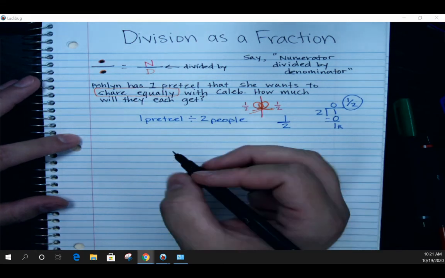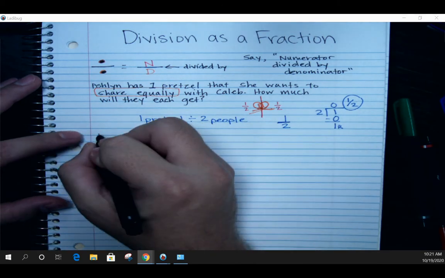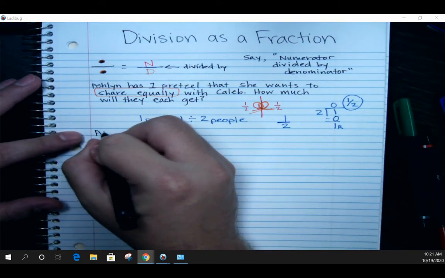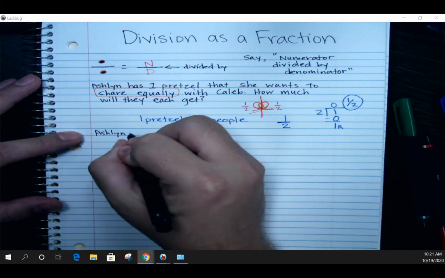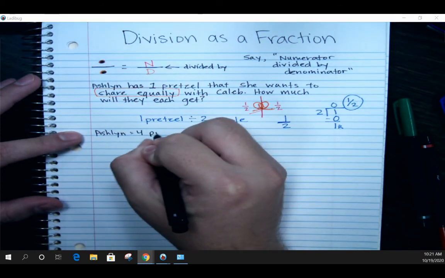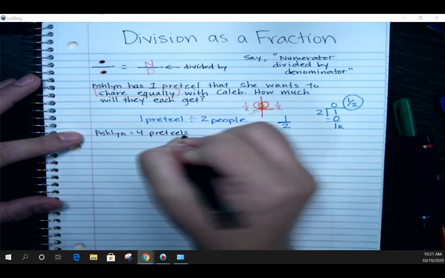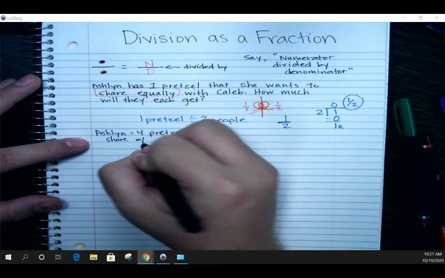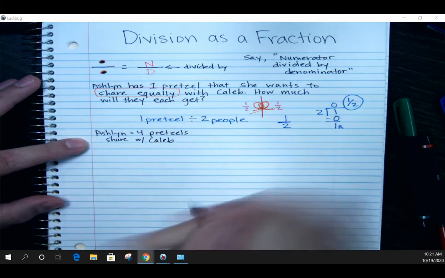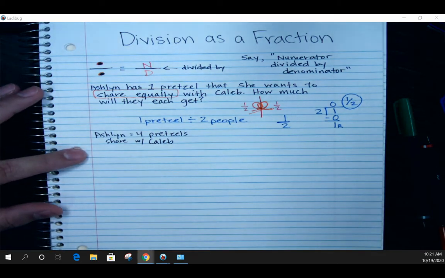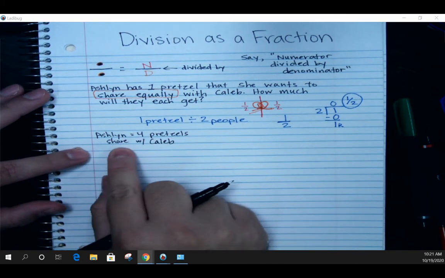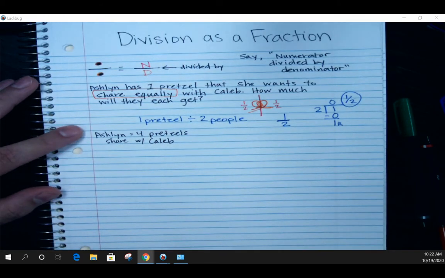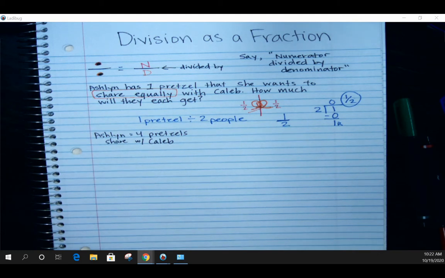So what if Ashlyn had 4 pretzels and she wanted to share with Caleb? Same exact problem, except now she has 4 pretzels.